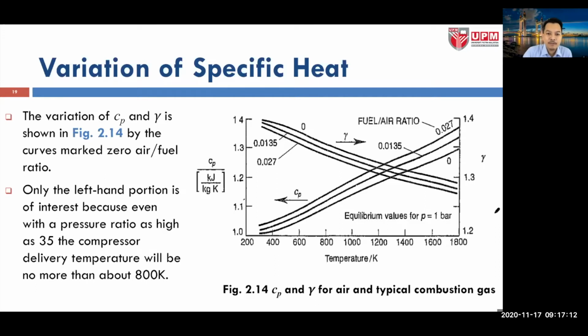If we look here, the variation of the specific heat capacity against the gamma in terms of the temperature is different. The specific heat capacity itself increases when the temperature increases.